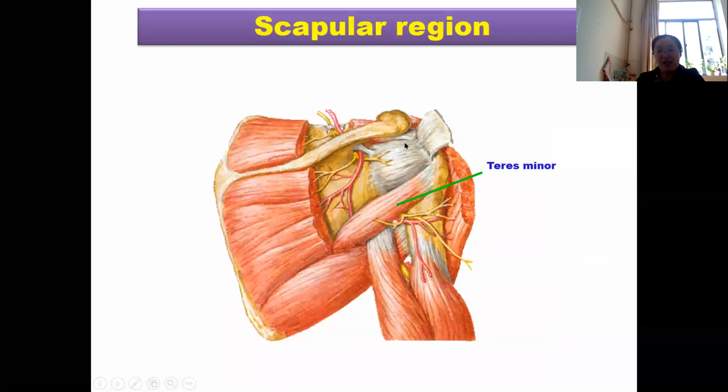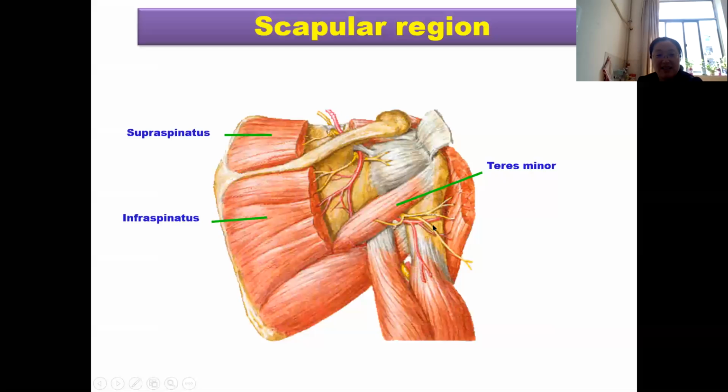And for the scapular region, with the muscles we just mentioned, there are two triangular areas, and also these muscles form what we call the rotator cuff. So here we need to know three terms.